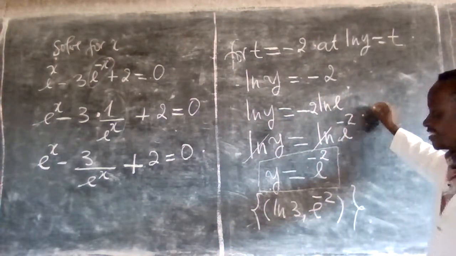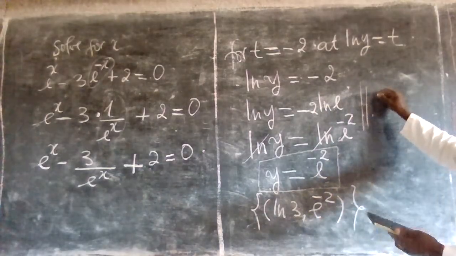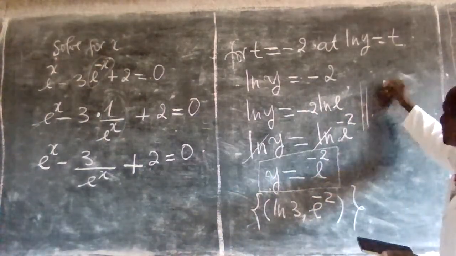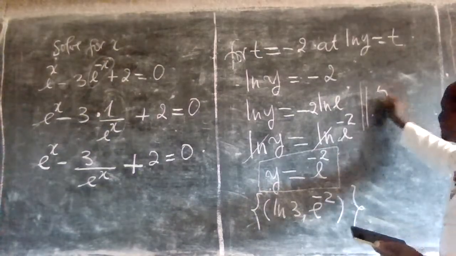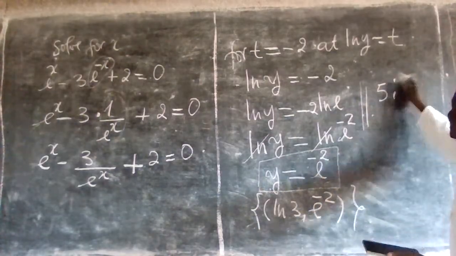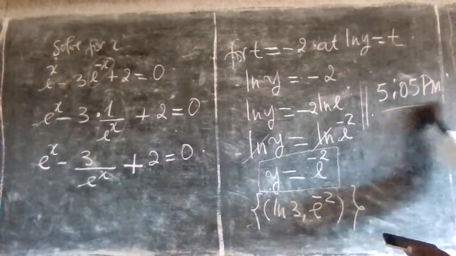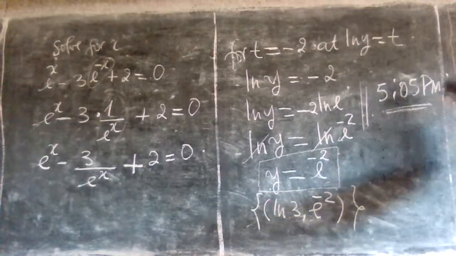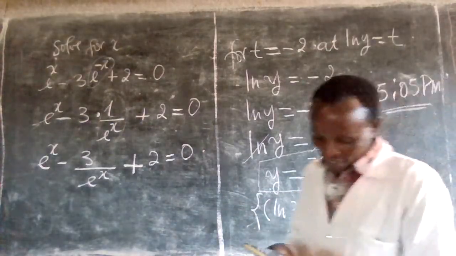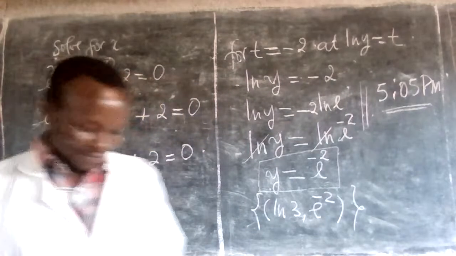Yes, let me write here in Rwanda, this is 5 past 05 p.m. You see, we are now here at this time. It is 5 past 05 p.m.